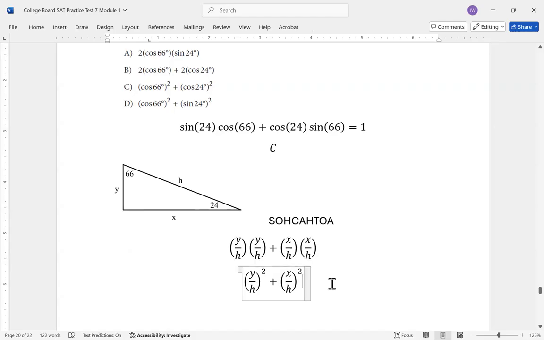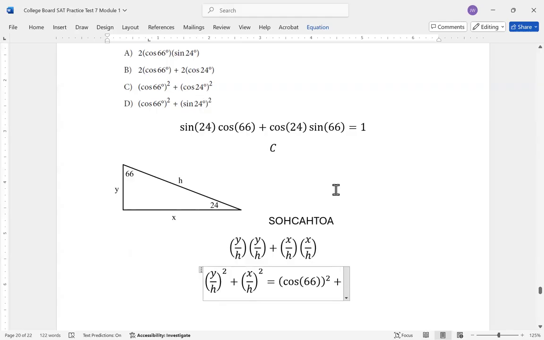So that's the same thing as cosine of 66 degrees squared. What's x over h? You can think of it as the sine of 66 or the cosine of 24.